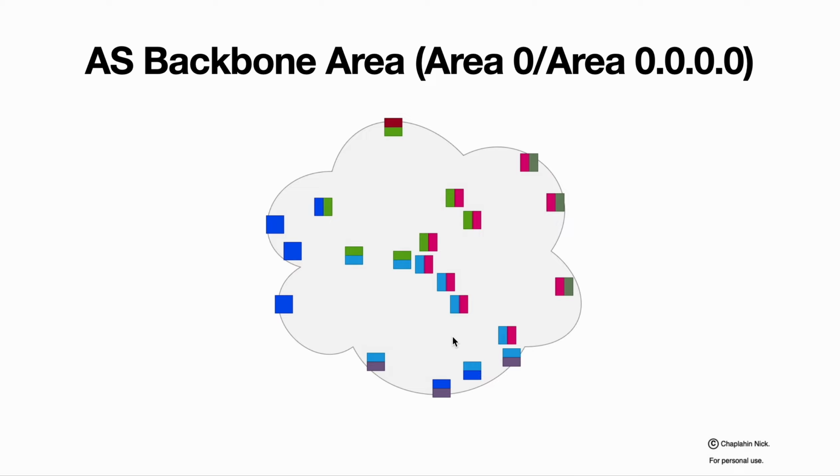Eventually this is any device that has an interface in this area, but most logically the boundary devices, which allow transmitting traffic between different areas and to the boundary of the autonomous system.